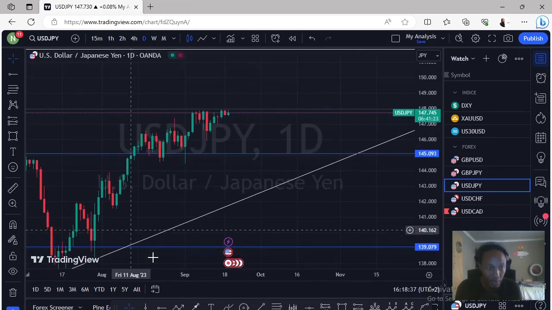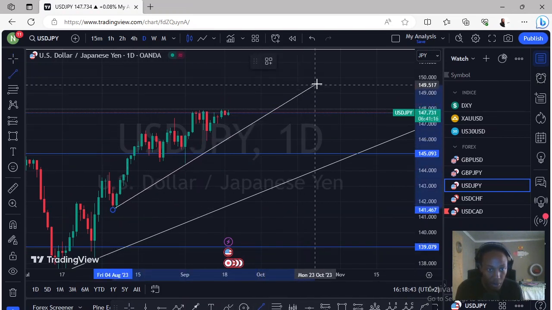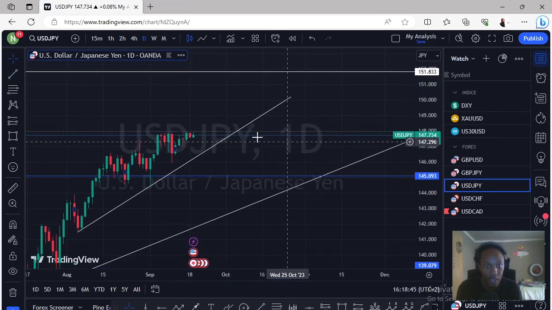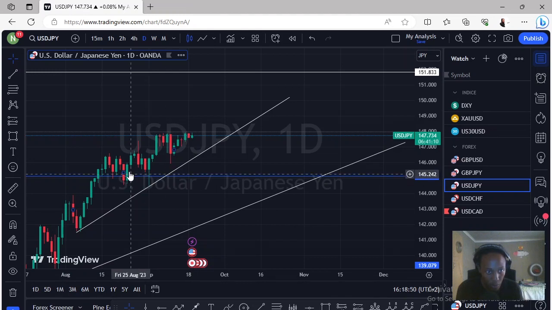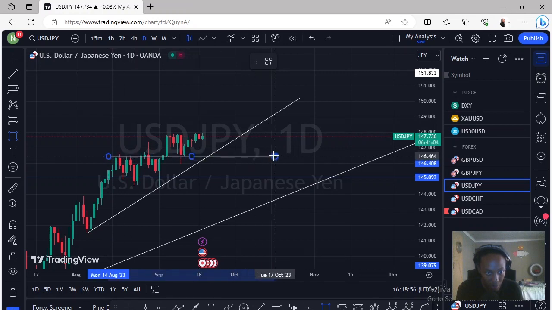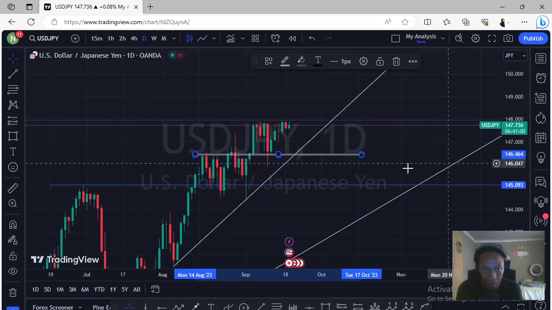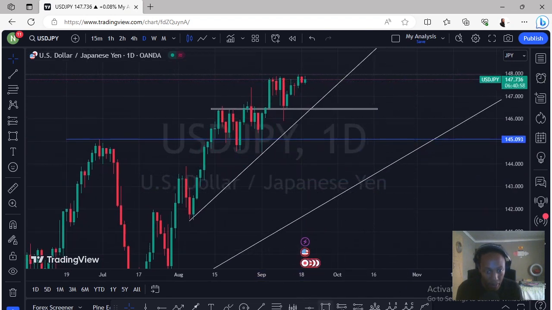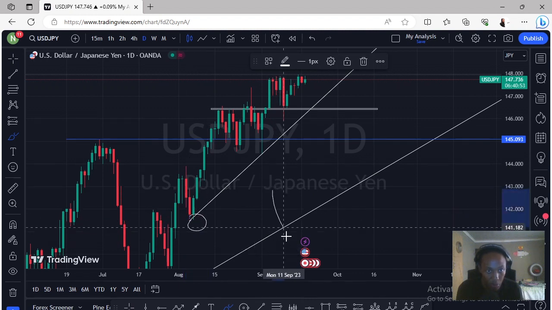If ever the market decides to break this trend, let me just use this. If ever it decides to break below, and also this, remember this is our lower low.